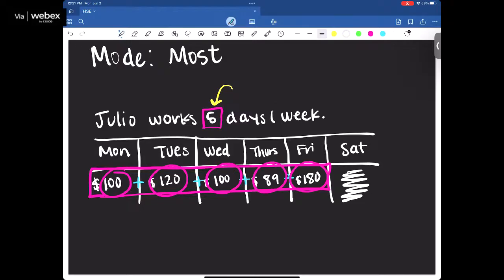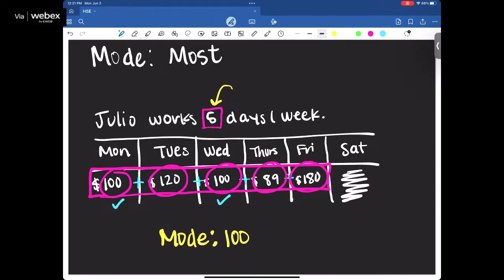Which number in this data set is shown the most? Here we have 100 shown one time. 120 is not repeated. Here is 100 again. 89 is not repeated. 180 is not repeated. Therefore, our mode, the number that is shown the most, is going to be 100.